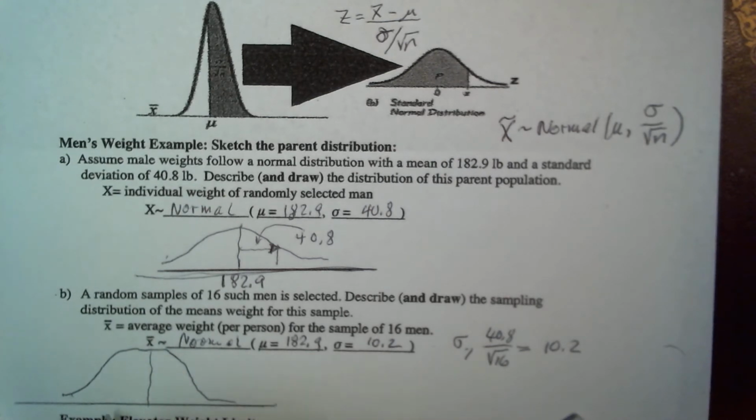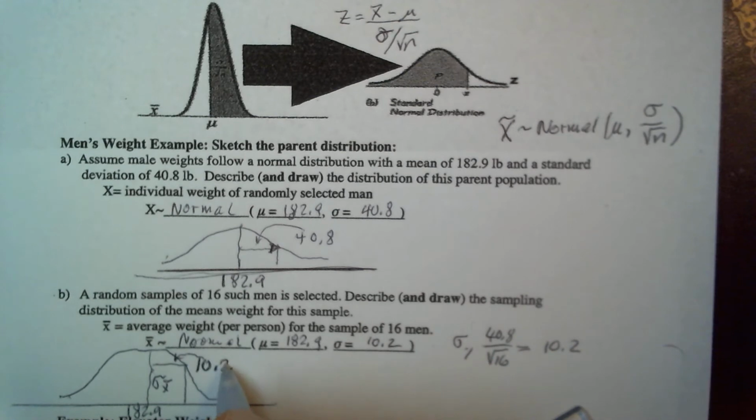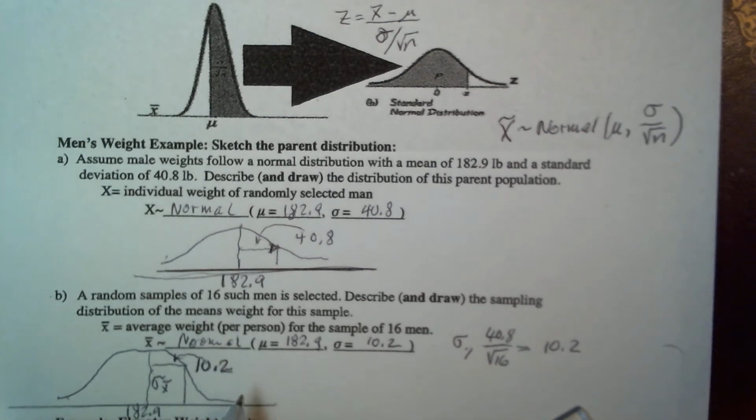So here's our 182.9 mean, but now our standard deviation of the sample means is equal to 10.2. 10.2 and not 40.8 as before. Okay, so that's one of the differences here.